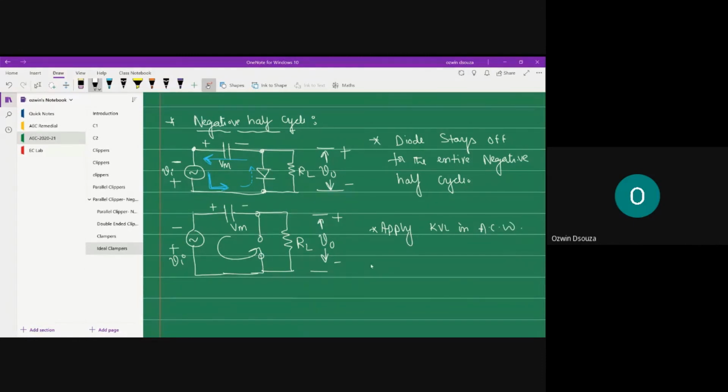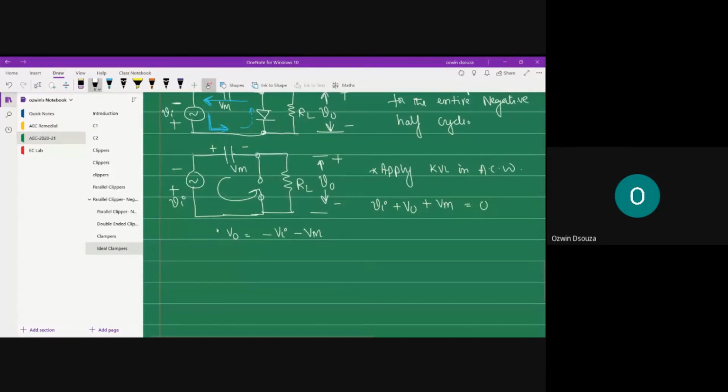So what do you get? Minus to plus Vi, then minus to plus V0, then minus to plus Vm. So basically you get additive polarities of three sources, and V0 is equal to minus Vi and minus Vm.